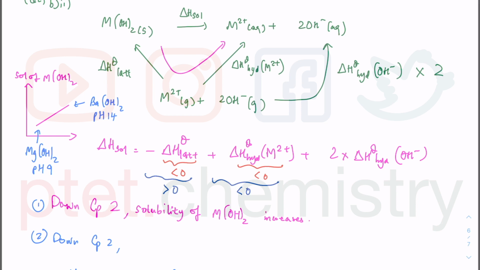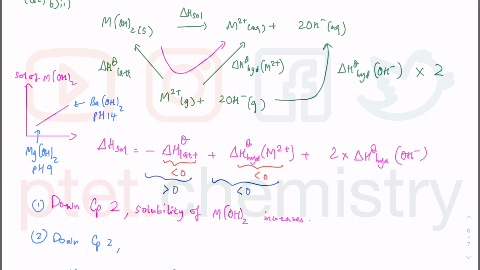What we are saying is down group 2, this thing doesn't change because they are all group 2 hydroxides. So even though I have written this down, I don't care too much about it. I want to care about these more. I want the overall enthalpy of solution to become less endothermic and more exothermic because I want it to be more soluble. I want it to be more exothermic or less endothermic down group 2 for the hydroxides.